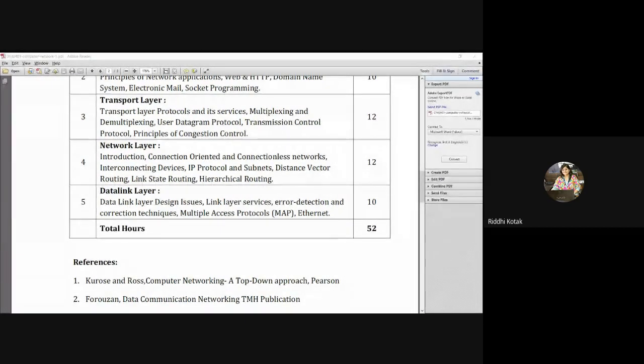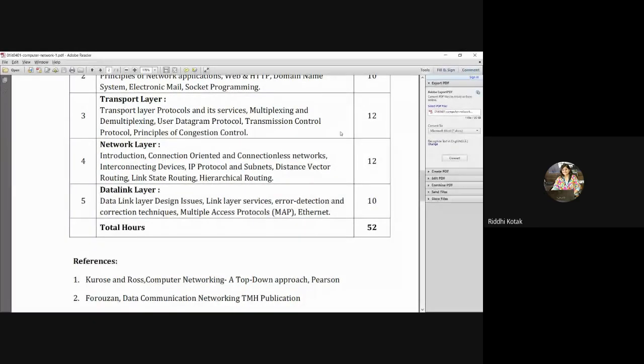We discussed IPv4, its header and its classes. Then we discussed IPv6, its header, and the difference between IPv4 and IPv6. Then an important point we discussed is NAT, Network Address Translation. Those are again important points of the network layer.